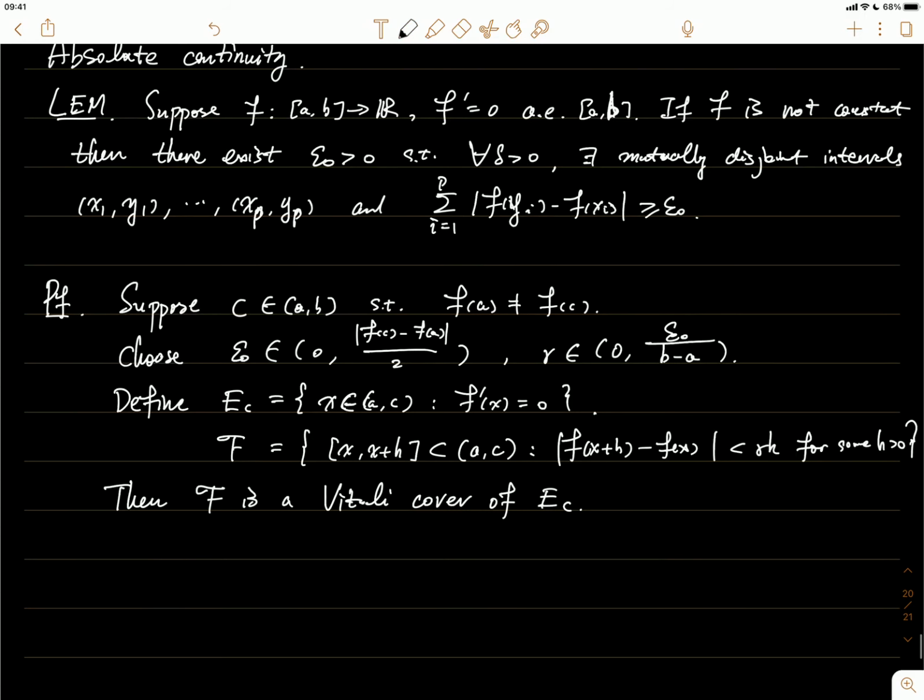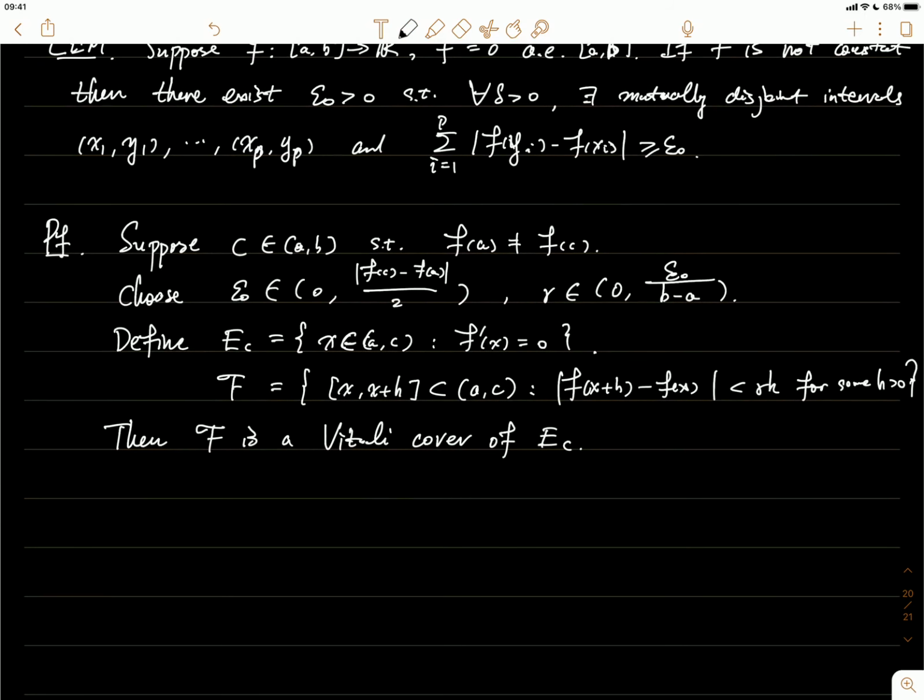And a property of the Vitali cover lemma says that for any delta, there exists a finite number of disjoint intervals from this Vitali cover, such that... let me just write it down, it'll be easier.